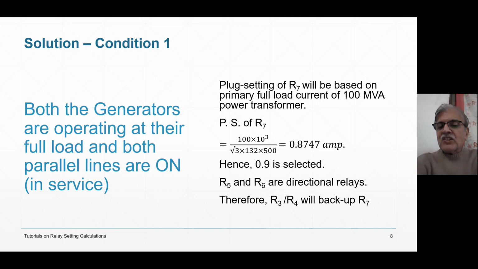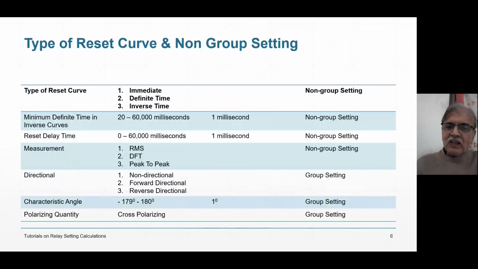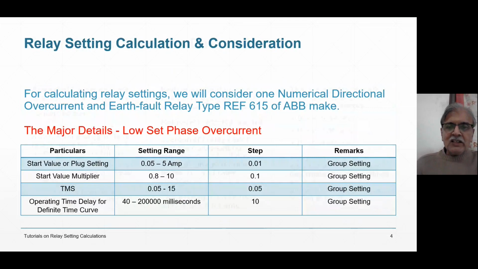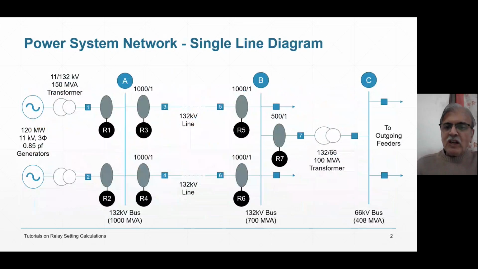Relay sensitivity is better. That is the very important advantage. R5 and R6 are directional, as we have already seen. I think it need not be stressed, but yet repetition once more: R5 and R6 have to be directional. R1, R2, R3, R4, R7 are non-directional.